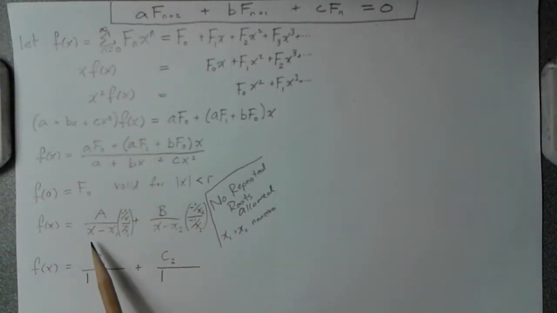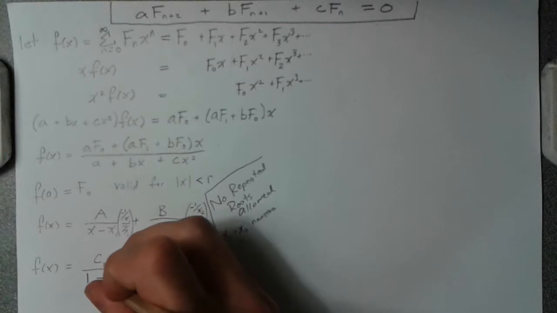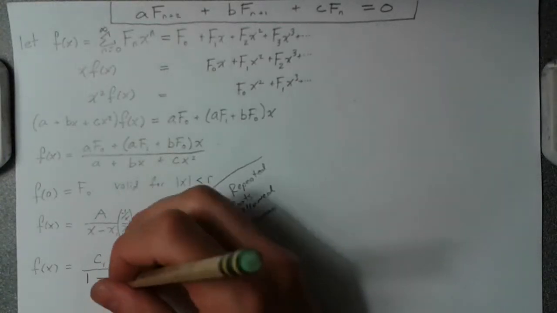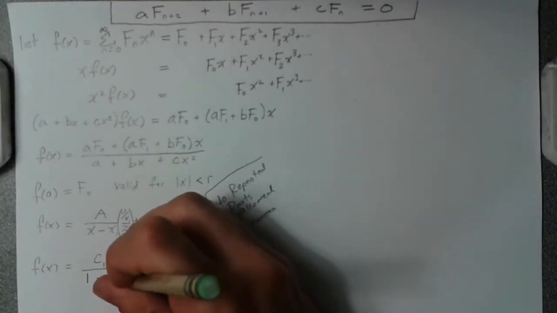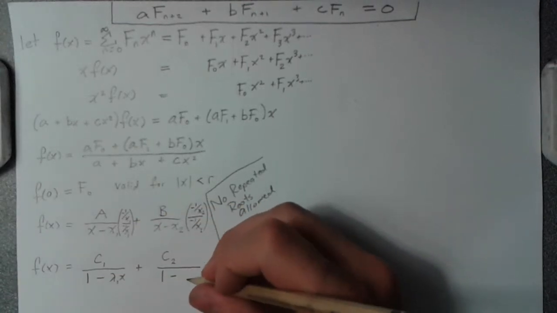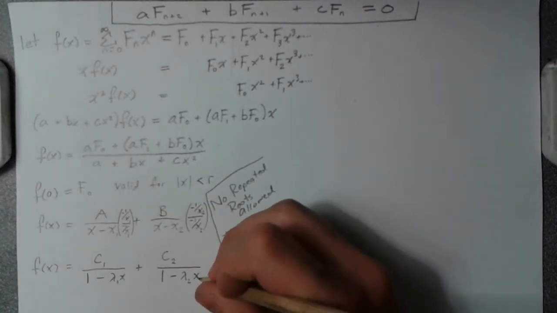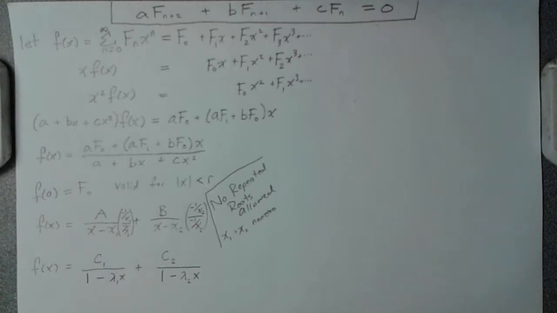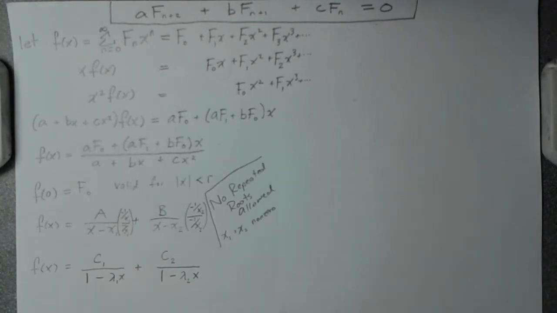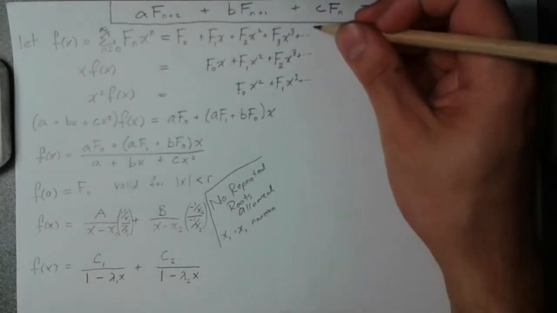And then what I'm left with over here is negative x over x1. And so instead of writing x over x1, I'm just going to write lambda 1 x. And over here I'll write lambda 2 x. So I've just made a couple new constants here. No big deal. So now these are in the form of geometric series.